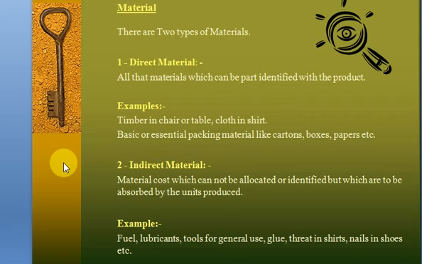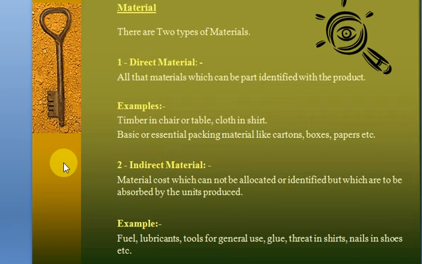For example, in tables or chairs, wood is direct material, but the screws and the glue used to tighten it are not dominant parts. If someone told you about tables or chairs, automatically the concept comes to your mind that these consist of wood. It will not come to your mind that the chairs will be made of glue or made of screws.